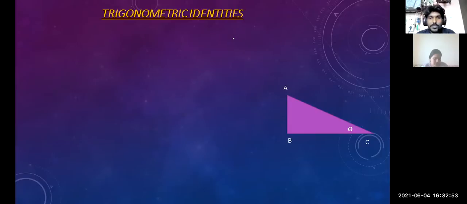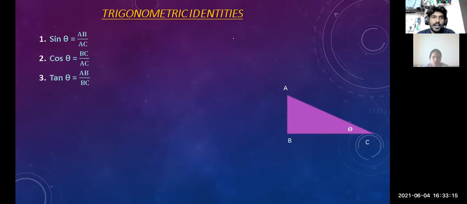To get the third one, you divide by cos square theta. So which is the third identity? Tan square theta plus 1, or that can also be written as 1 plus tan square theta is equal to sec square theta. So this is about the trigonometric identities.